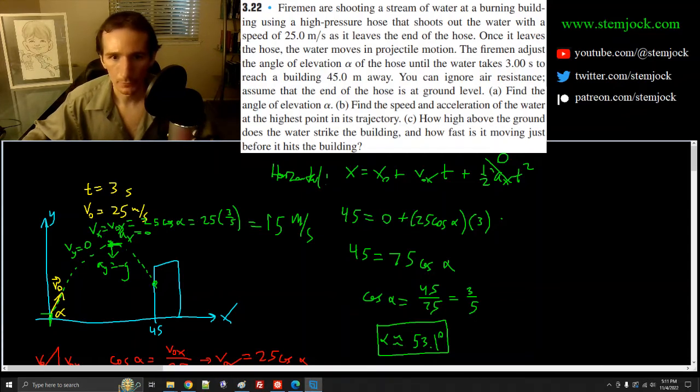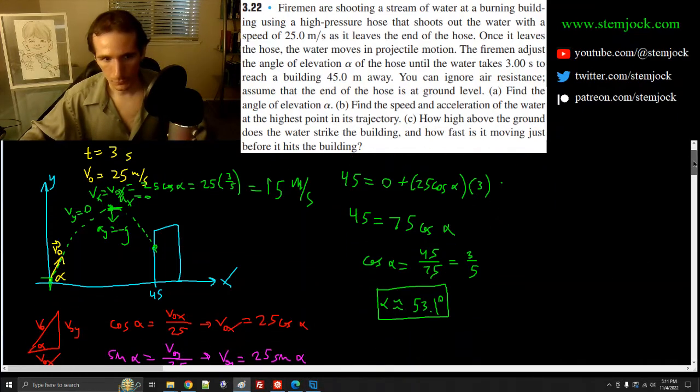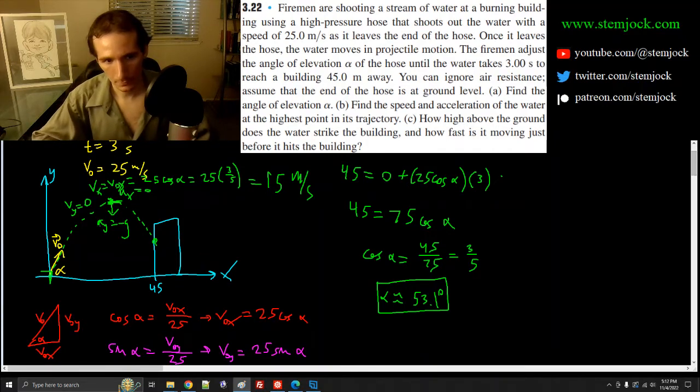How high above the ground does the water strike the building, and how fast is it moving just before? Okay. So just now I was talking about the top of the parabola. For part C and D, I'm going to take the point where the water strikes the building as my final position.